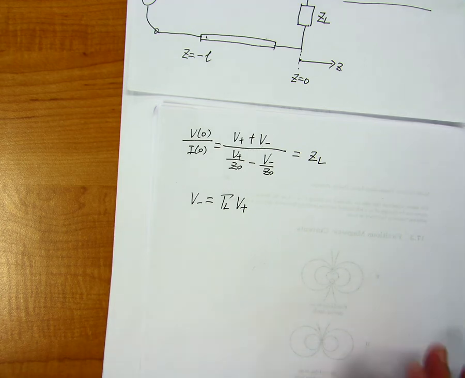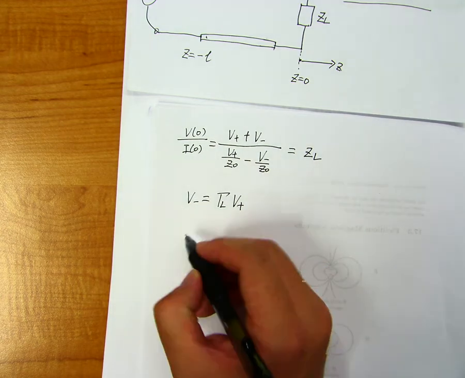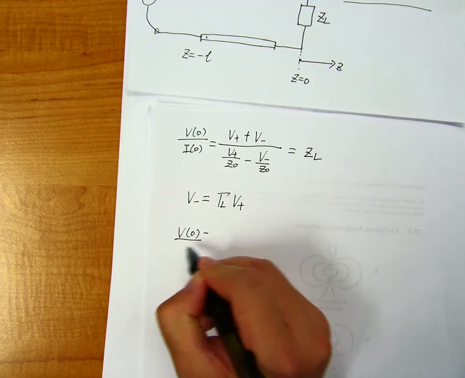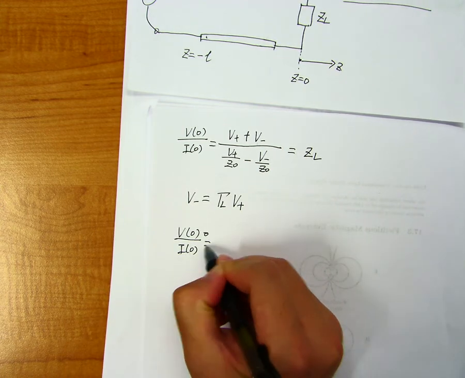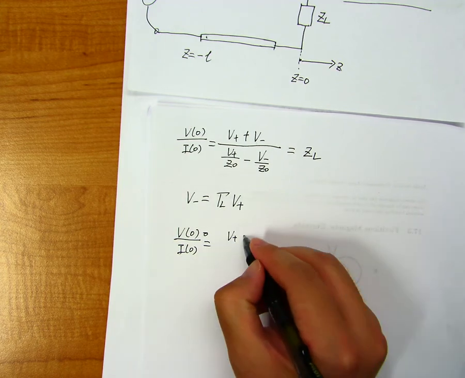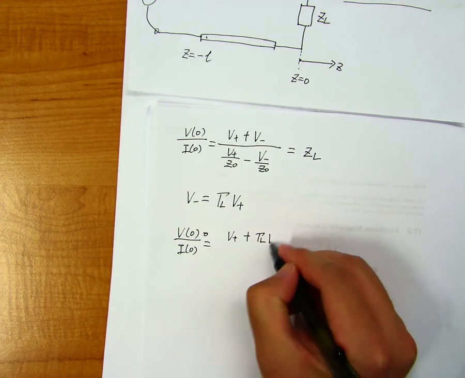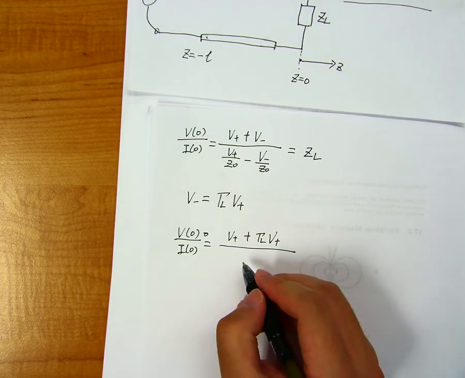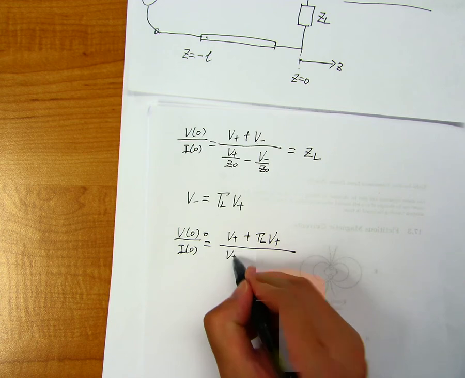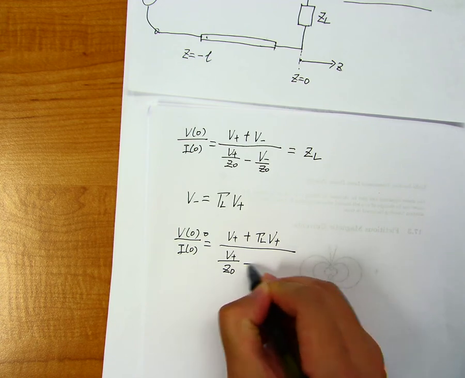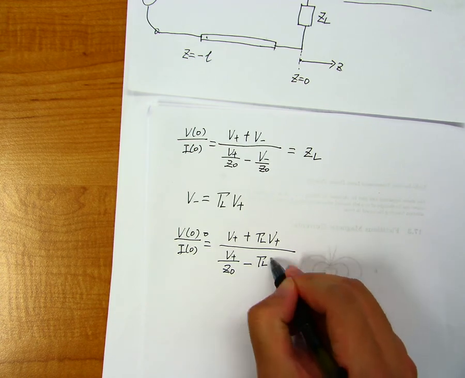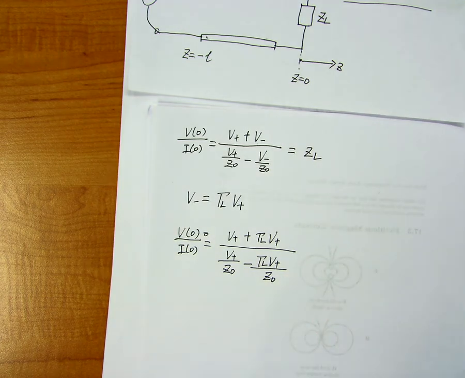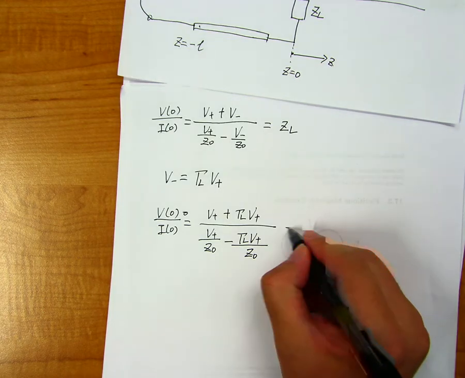Okay, so with this in mind, we know that V0 over I0 here is equal to V plus plus gamma L V plus, and I0 is just V plus over Z naught minus gamma L V plus over Z naught. And this is equal to ZL.